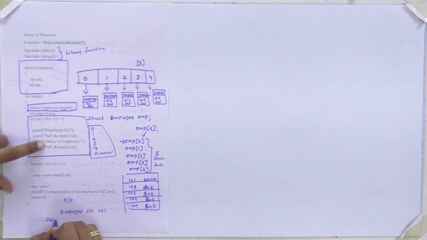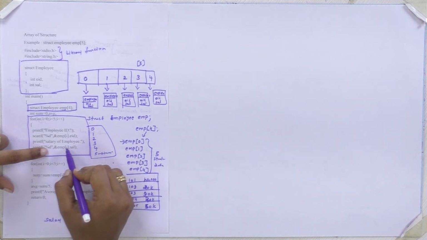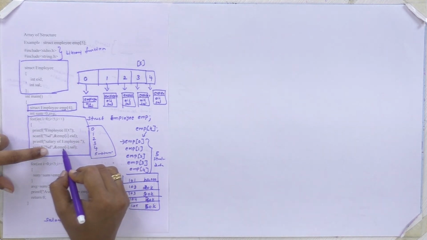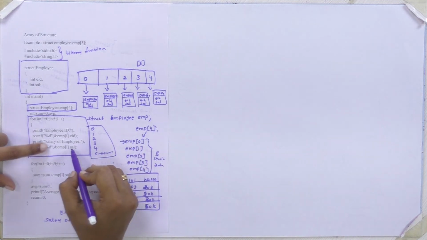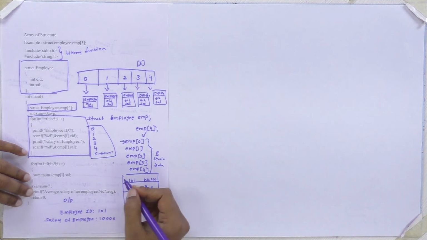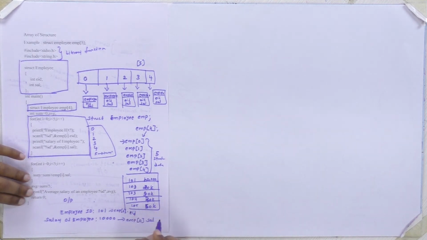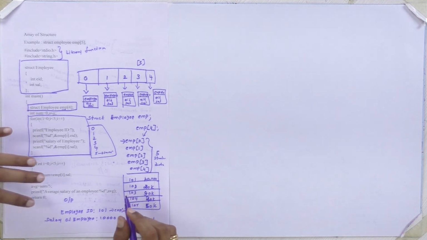Next, salary of an employee: scanf %d, emp of 0 dot salary. I am giving 10,000. So this one acts as employee of 0 dot employee ID, and this one acts as employee of 0 dot salary. Like this it will continue up to 5 data.